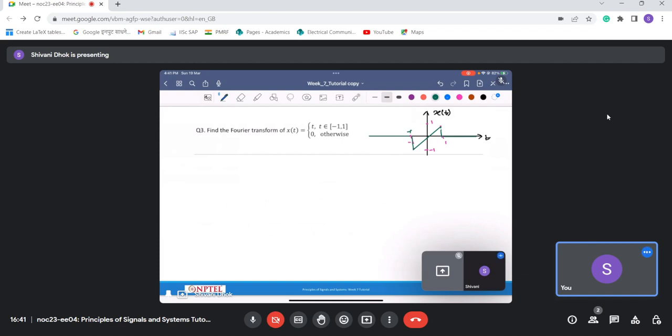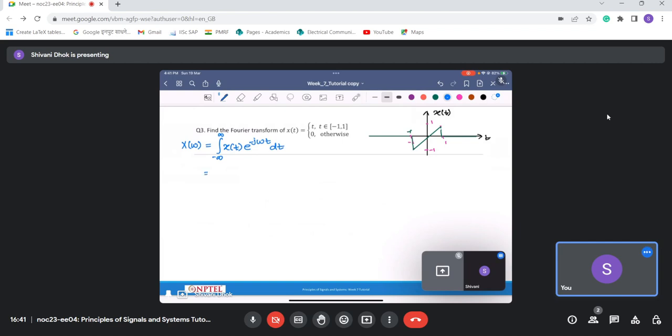And now we'll try to find out the Fourier transform of this signal. So let's do that. Let us find it by the conventional way, that is, X of omega is equal to integral from minus infinity to infinity x(t) e^(-j omega t) dt.